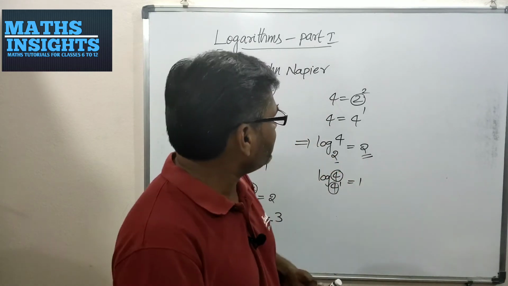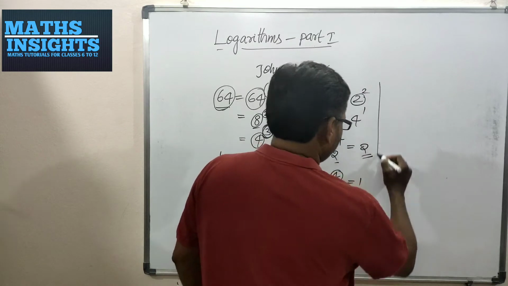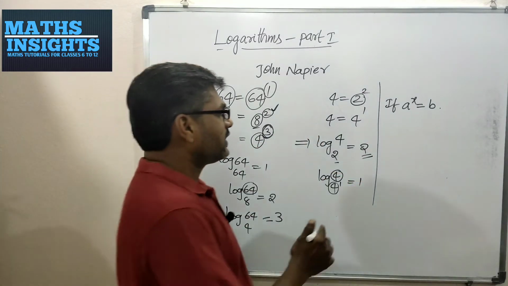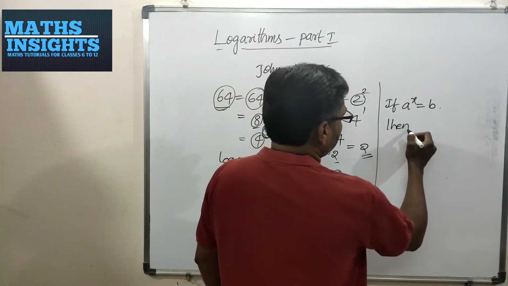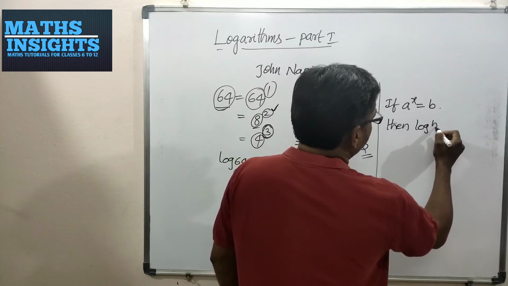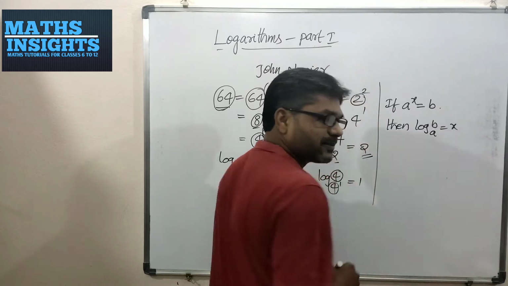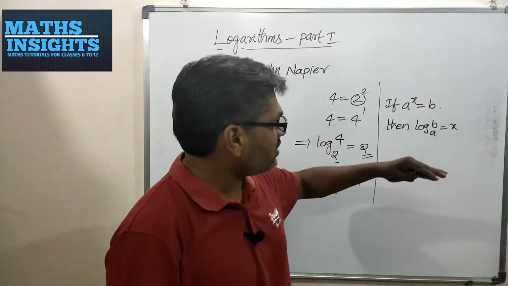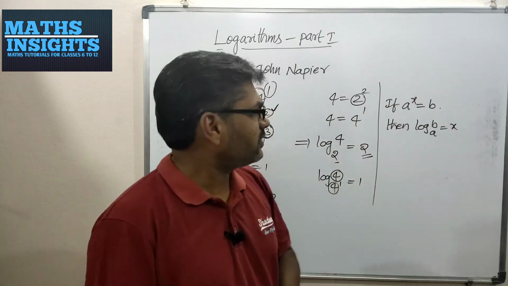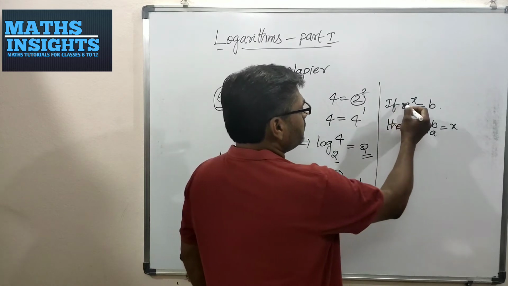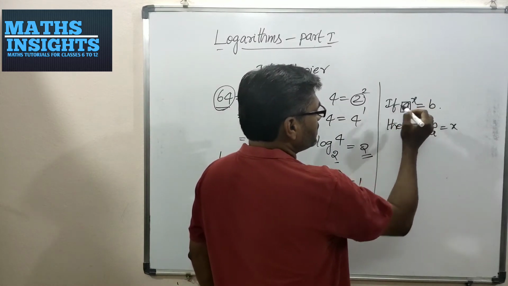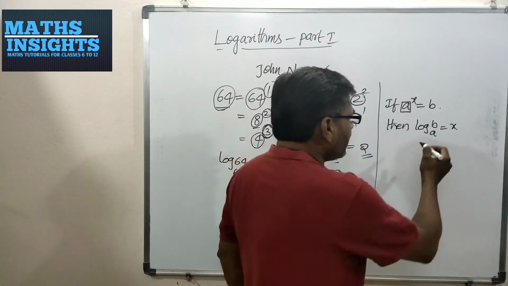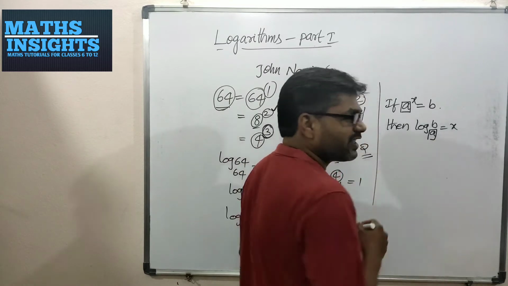If you want to generalize it, you may write this as the exponential form. Then log b base a is equal to x. This is how to convert exponential form into logarithmic form. Very simple. Whatever the base in the exponential form, that will again become the base in the logarithm also.